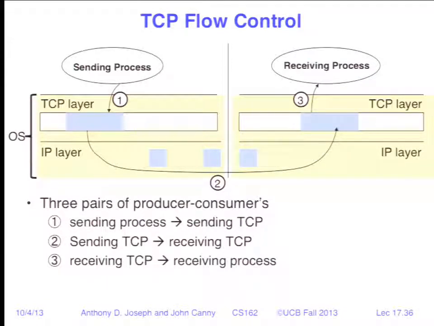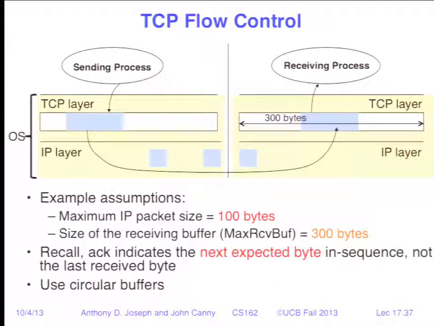And then this buffer is being drained by the receiving process. So some assumptions. We'll assume our max packet size is 100 bytes. We'll assume the receiver can store 300 bytes in its receiving buffer. And remember, the acknowledgement we send back is the next byte that we're expecting to receive in sequence. Now, to make all of this work, we use circular buffers.